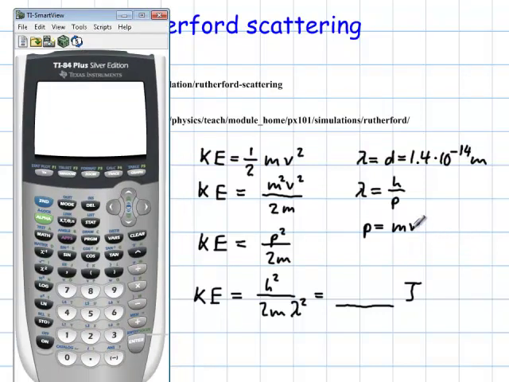In order to say that the speed of the alpha particle is small enough compared to the speed of light that relativistic effects can be neglected, what I'm going to compute is the momentum, which is Planck's constant divided by the given de Broglie wavelength. That's the momentum of the particle, and then I divide that by the mass, which is given in the problem.